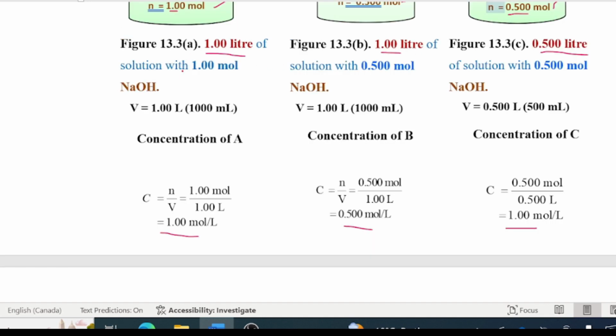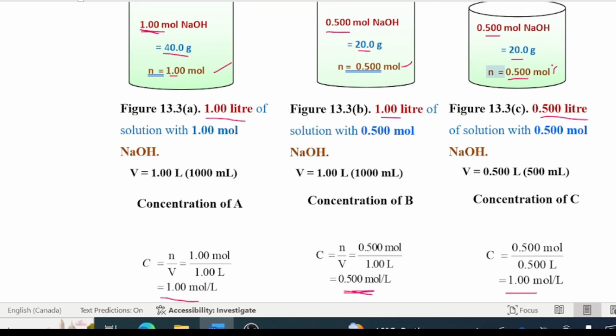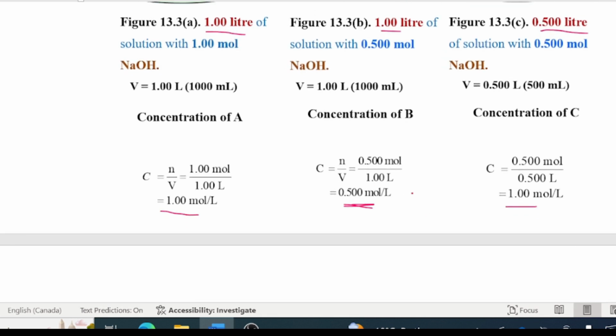So solution A will be twice as concentrated as solution B. But because you're using less water in this case here than in this case here, definitely this one will be dilute compared to that one there. And that is why when you compare those two here, this has a concentration less than this one here.